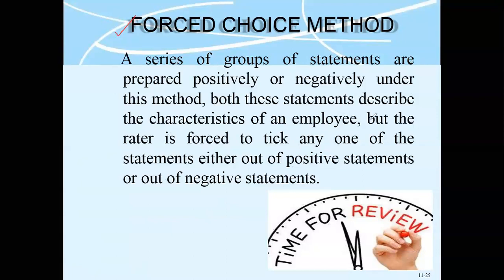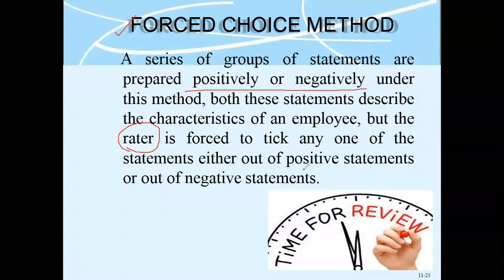does not give the particular rater, maybe the senior, maybe the immediate boss, maybe the manager, whosoever is rating that particular employee, these people have two options, that is positive and negative statements, and this positive and negative statement is for the characteristics of an employee, right?